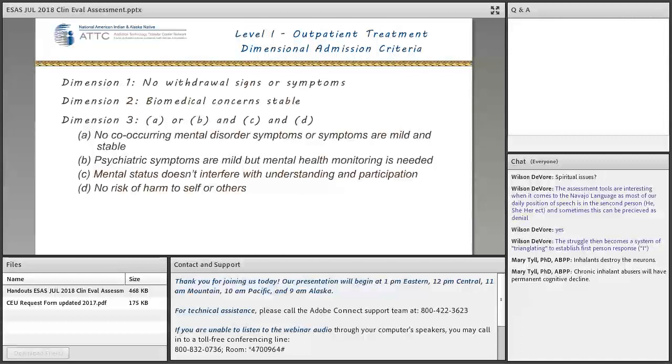In dimension 1, there are no withdrawal signs or symptoms, no biomedical concerns. In dimension 3, they have A or B, and C and D. A is no co-occurring mental health disorder. Symptoms are mildly stable, with a mental status that doesn't interfere with understanding and participation. And D, no risk of harm to others.